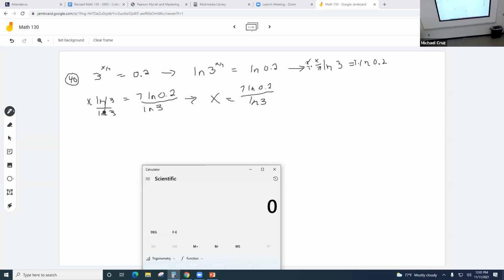No, because what we're doing here is we're just using the ln. There's no properties being used here like I think you're thinking about. We're using ln on both sides. That's a legal move, but we're not putting anything together or combining anything.